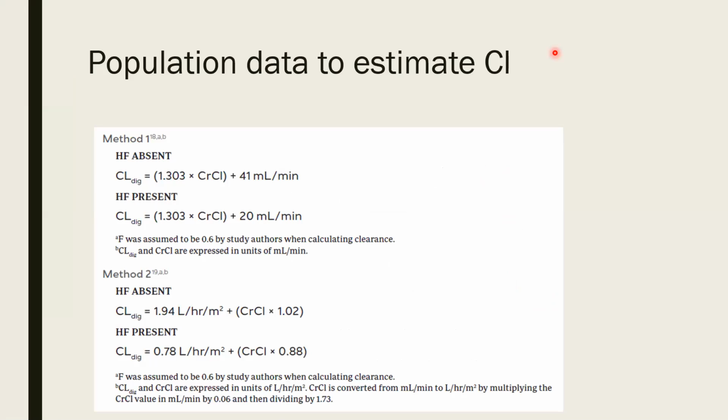What about using population data to estimate the clearance? We can estimate clearance using this data. This formula is for when heart failure is absent, and this one is for when there is heart failure.